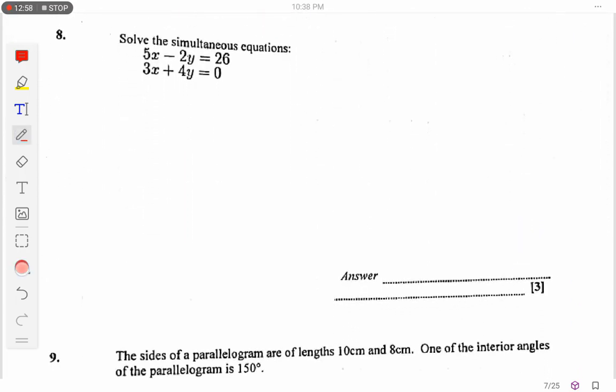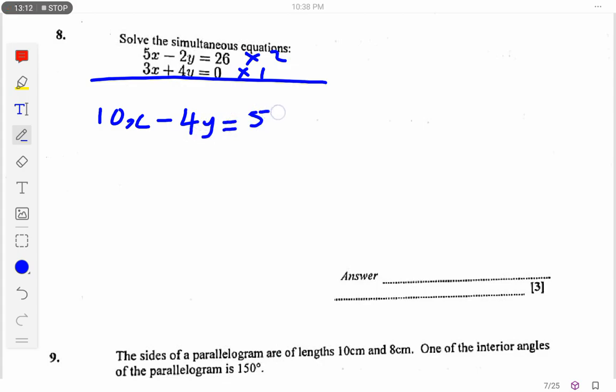Simultaneous equation. For this one, it's easy to just multiply this one by 2 and this one by 1. And I'll get 10x minus 4y is equal to 52. And here it remains the same, 3x plus 4y is equal to 0.